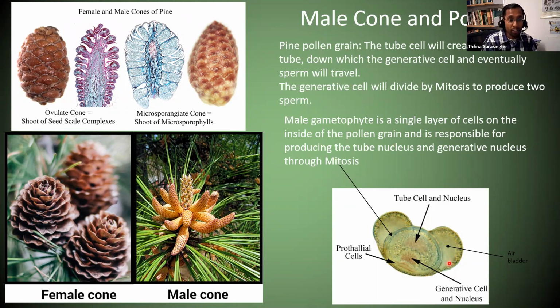The point of that is to ensure long-distance transportation of pollen to ensure cross-fertilization. And inside this middle structure, you get the tube cell containing the tube nucleus and the generative cell containing the generative nucleus.